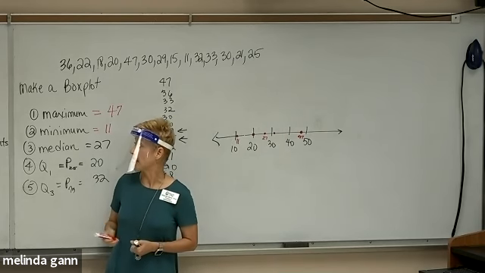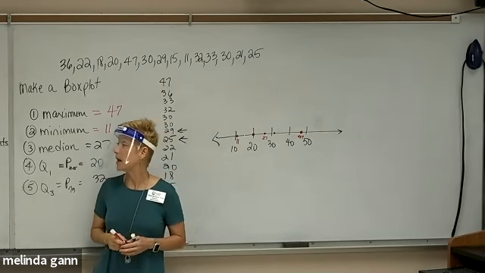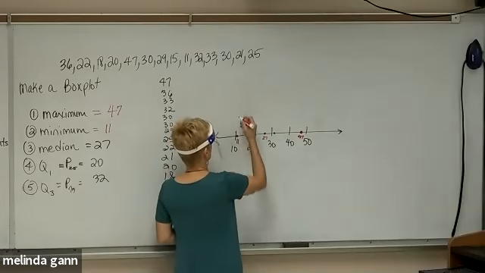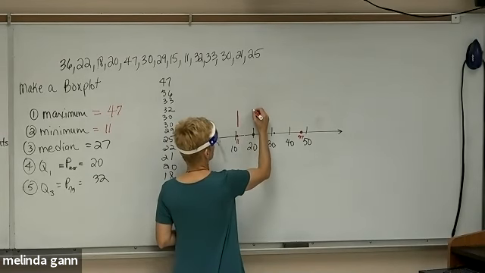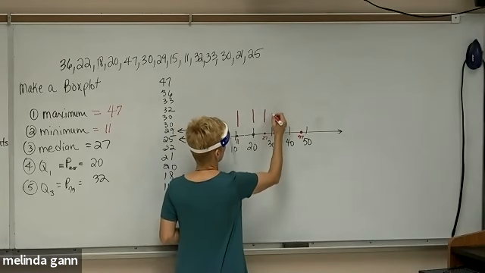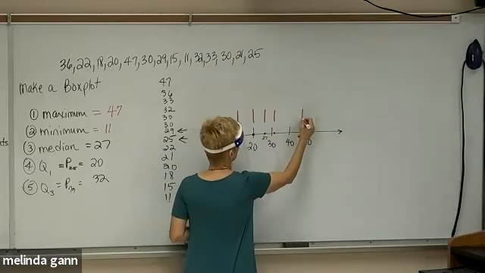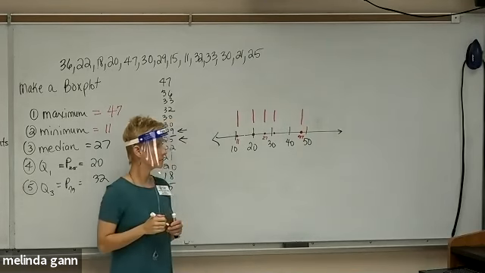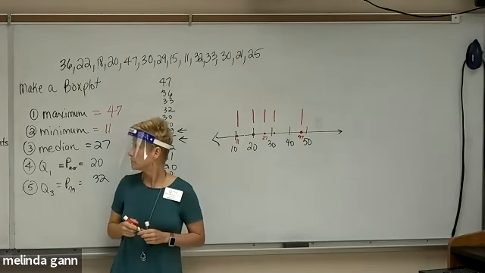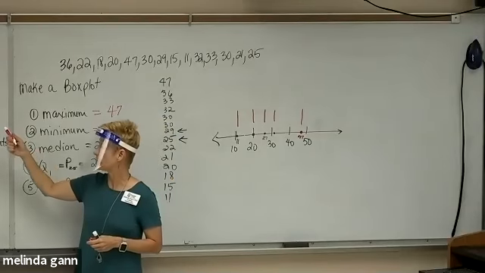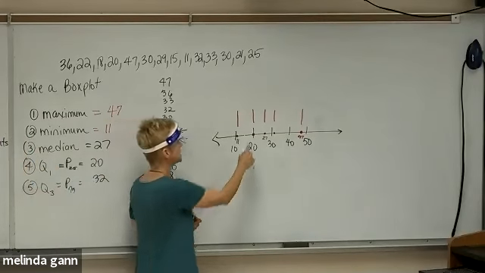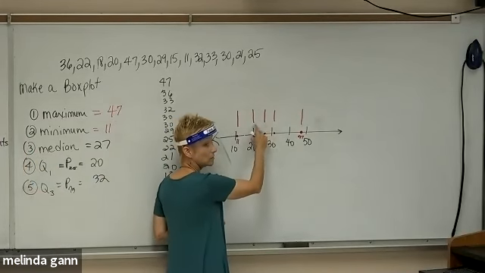Then notice what it says. It says draw a segment above each of those numbers. So I'm going to put a segment above this one, a segment above that one, and so forth. Then it says connect the tops of the 3 middle segments. Aren't these the 3 segments in the middle?